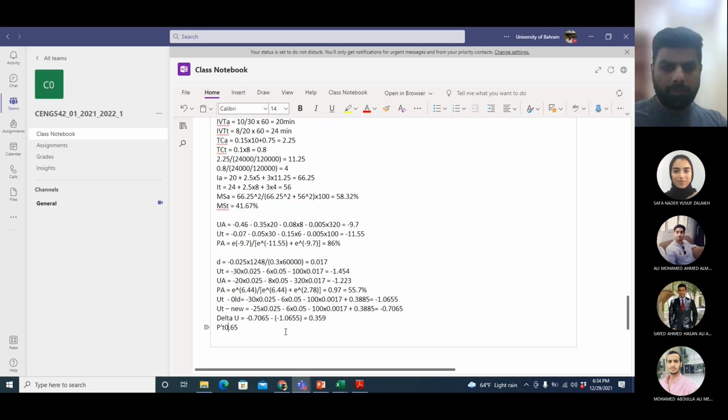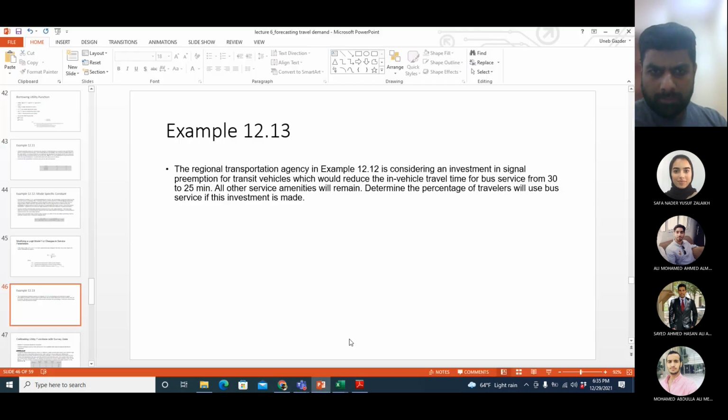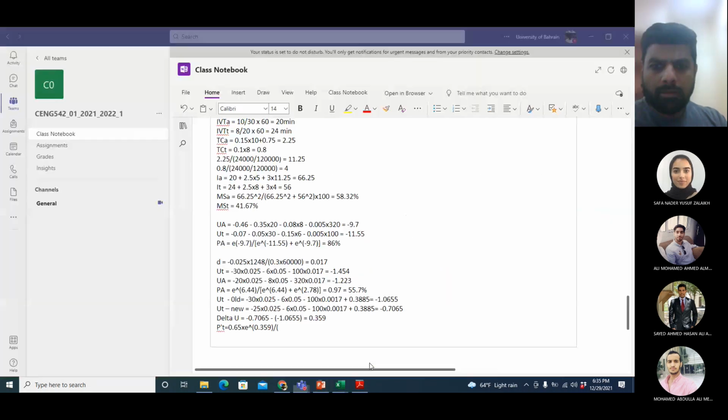To calculate the new probability, 0.65 multiplied by e to the power delta u, which is 0.359, divided by the probability for bus, 65, e to the power 0.359, plus the probability for car, 35.